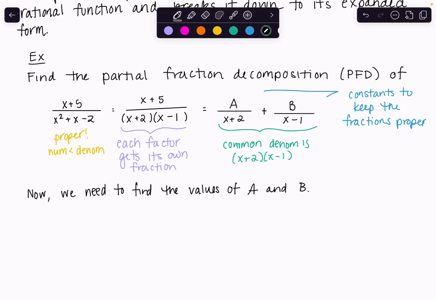What I'm going to do is make my life easier. I need to solve for A and B. Let's go ahead and wipe out these fractions. So I'm going to multiply through by my common denominator to get rid of the fractions.